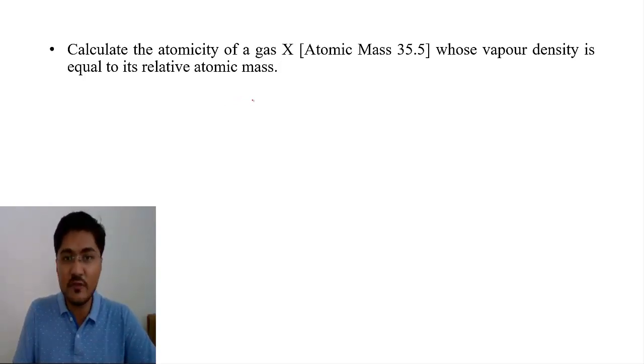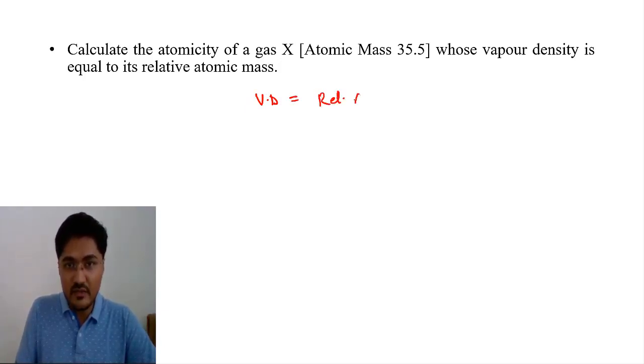So calculate the atomicity of gas X, whose vapor density is equal to relative atomic mass, and the atomic mass is given as 35.5.